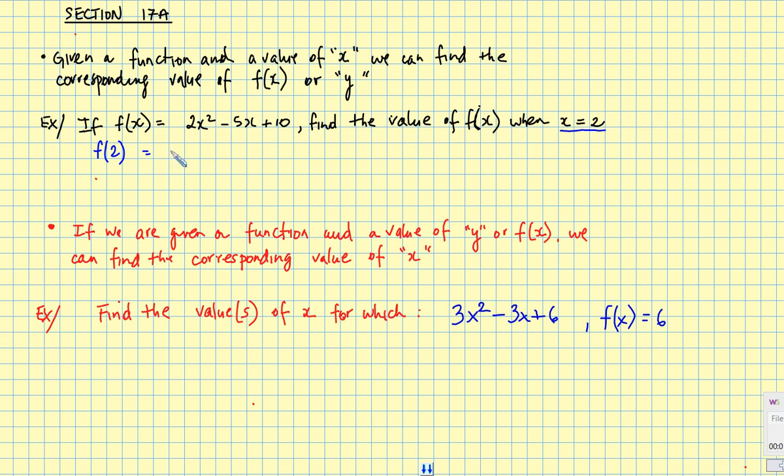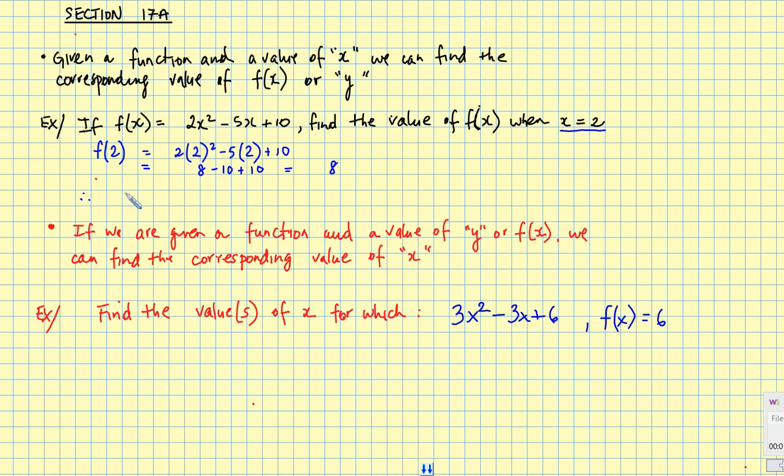So wherever there is an x, we are just replacing it with 2. So it would become 2 times 2 squared minus 5 times 2 plus 10, which would go to 4 times 2 is 8 minus 10 plus 10, which ends up giving us simply 8. So what does that tell us?